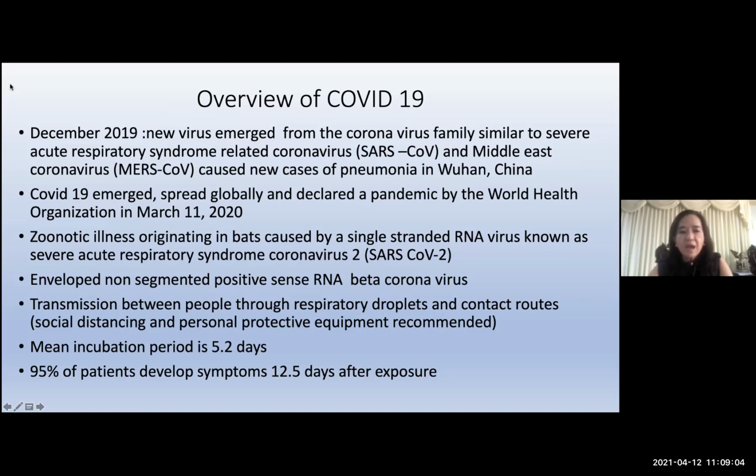That's why we have such measures as social distancing, personal protective equipment, wearing masks, face shields, and always avoiding exposure of the mouth, the eyes, and the nose. The mean incubation period is 5.2 days, and 95% of the patients develop symptoms 12.5 days after exposure.